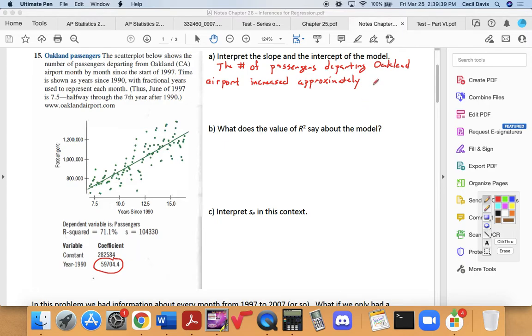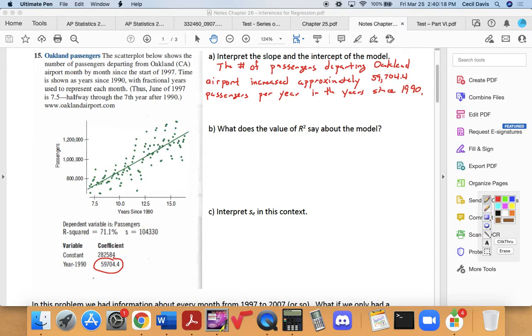Or you could say on average. I would take that also. 59,704.4 passengers per year in the years since 1990. You have to make sure that you give the context.